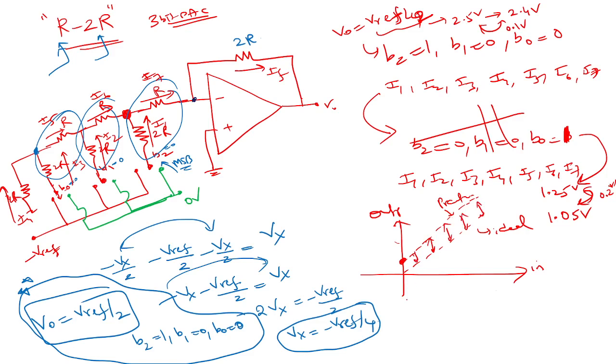But in practical, it is not going to be like that. In practical, this is going to be like this, or like that, or like this, or like that, right? This offset keeps changing. So that's the problem. Are you getting it? So that's the main issue with the R-2R ladder.